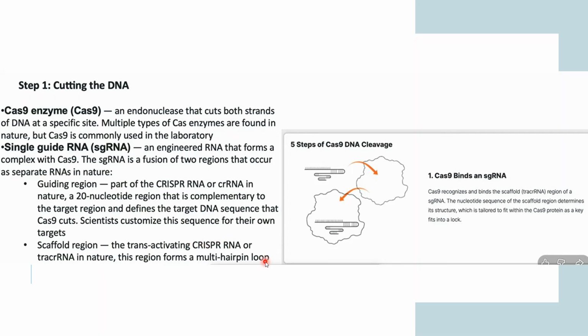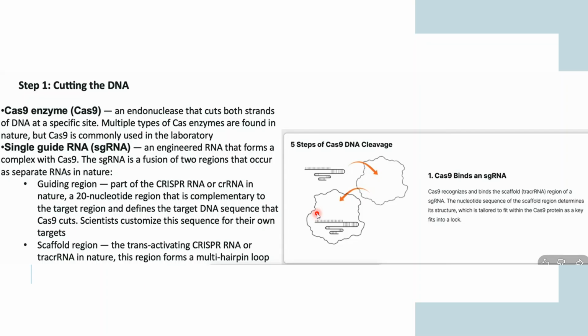You just have to know how the CRISPR RNA, or crRNA, and sgRNA are made. The part of the CRISPR RNA in nature is a 20 nucleotide region that is complementary to the target region and defines the target DNA sequence that Cas9 cuts. So basically, first of all, Cas9 binds an sgRNA.